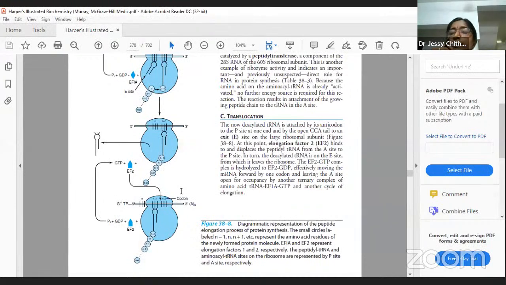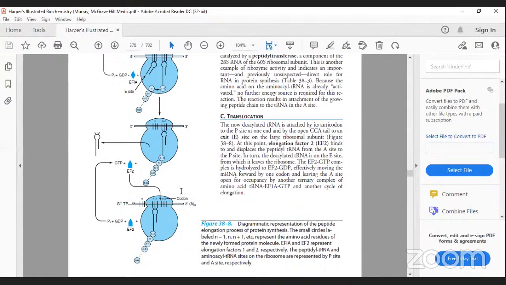Under the elongation phase, there are 3 steps. The first step is binding of aminoacyl tRNA to the A site. The second step is peptide bond formation with the help of the peptidyl transferase enzyme, which has the 28S ribosomal subunit in it.